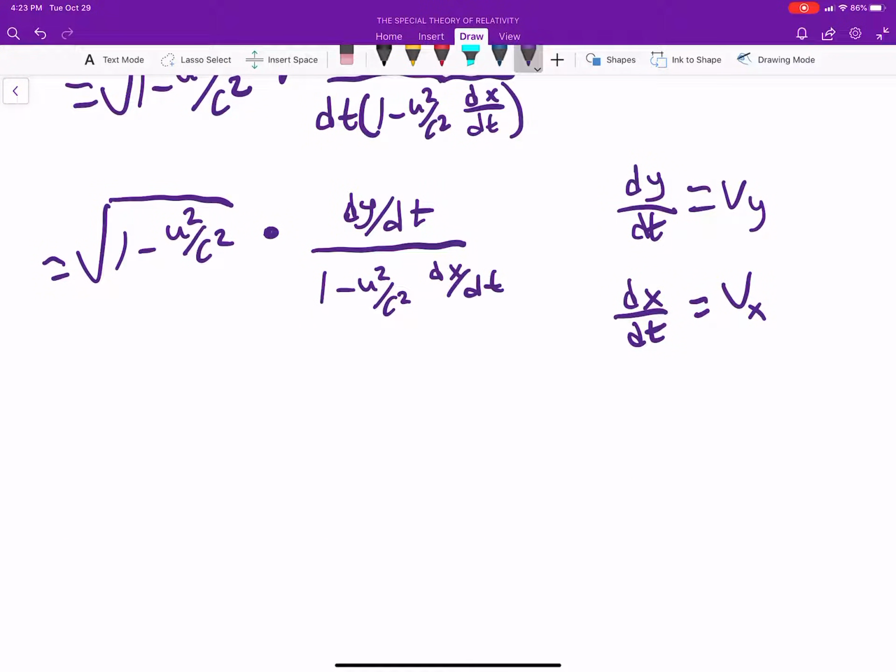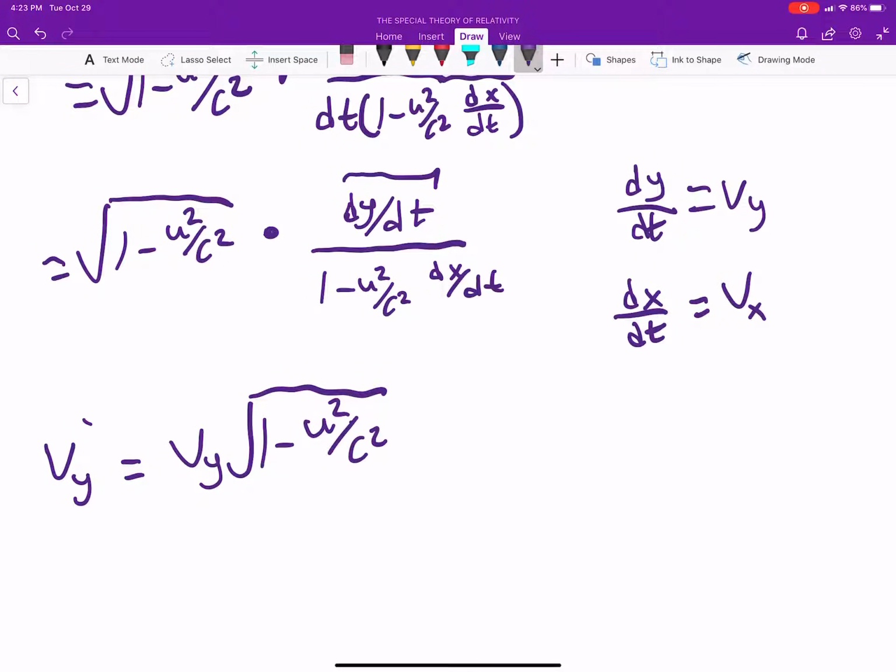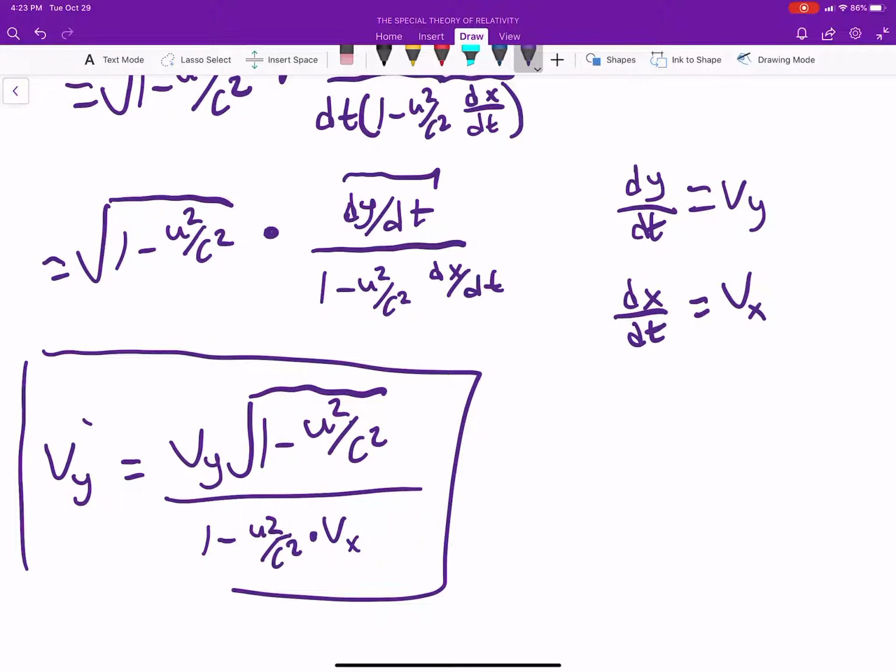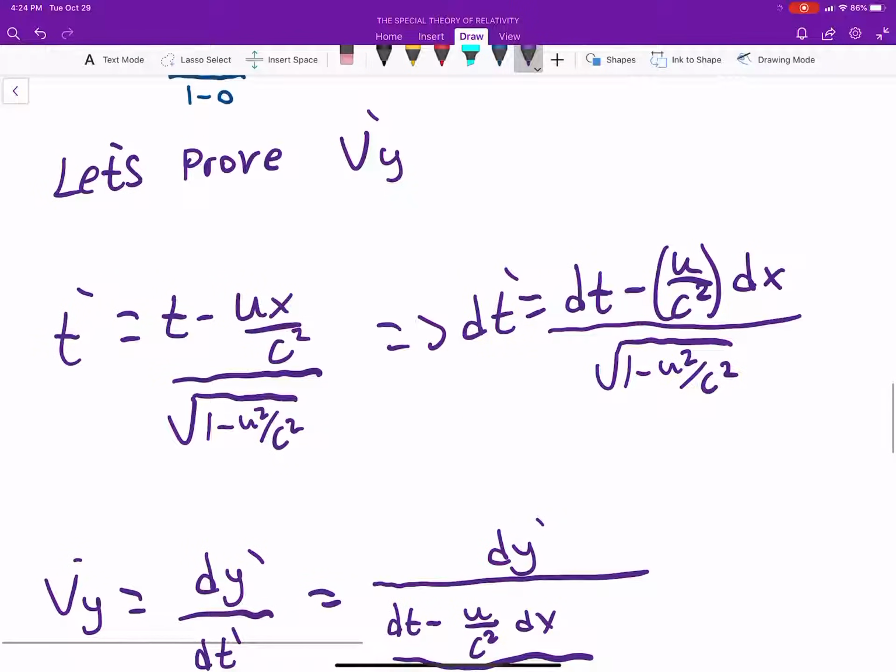So what we can say is v prime y is equal to vy times the square root of 1 minus u squared over c squared, all over 1 minus u over c squared times dx/dt, but that's just vx. Did we get it? Let's see.